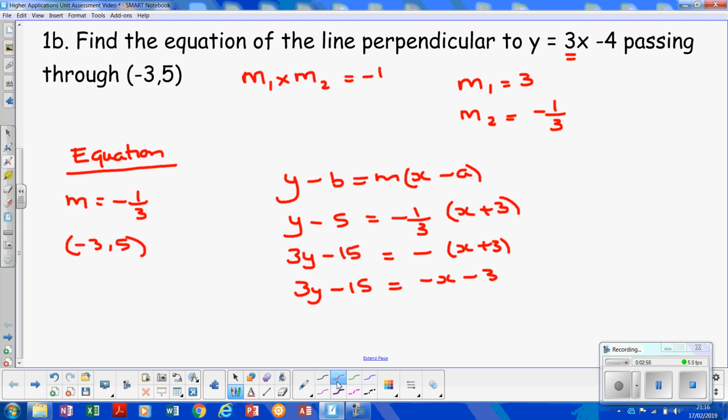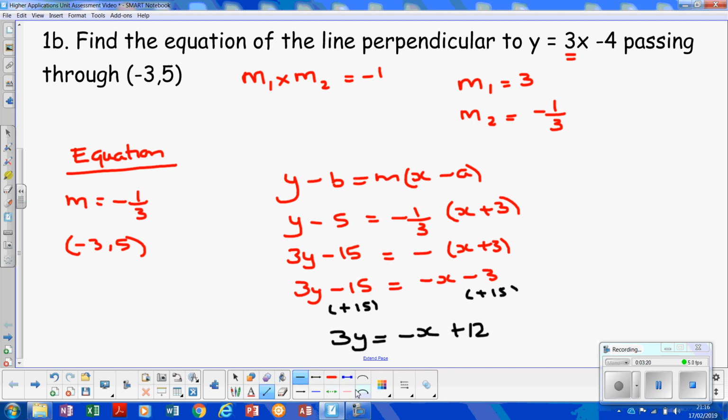I want to get rid of that, take away 15, so the opposite is add 15 to both sides. We'll now tidy it up. So therefore 3y is equal to -x, and -3 + 15 is the same as 15 take away 3, which is +12. And that is the final answer, the final equation.